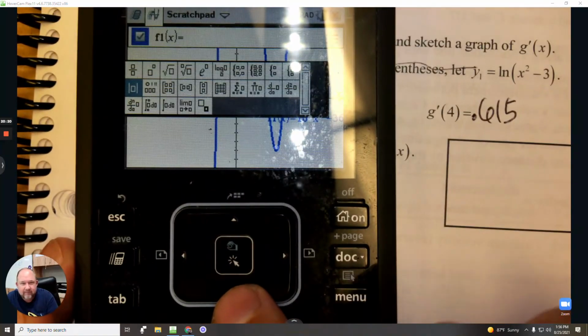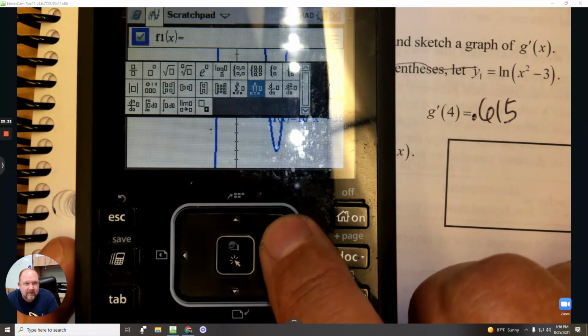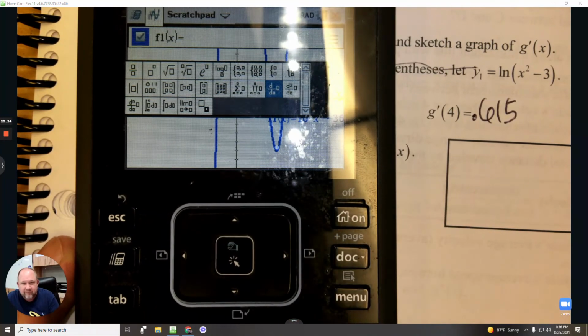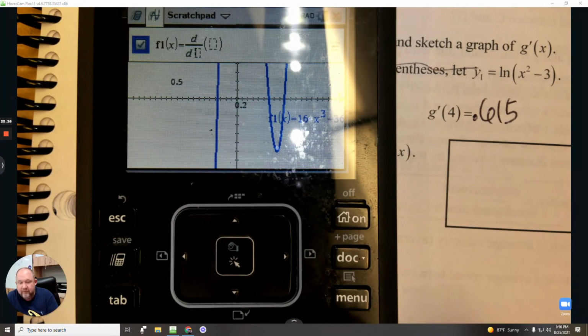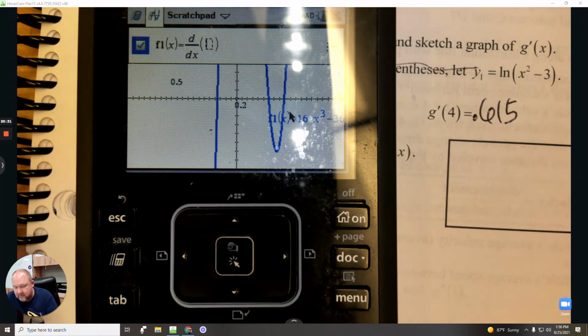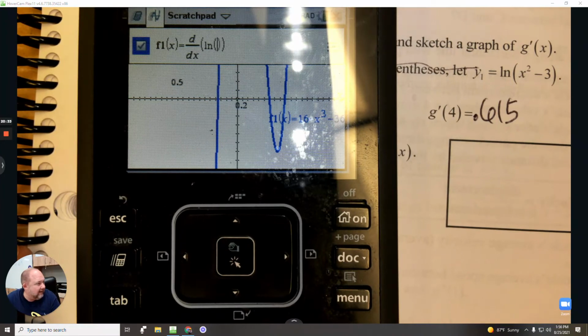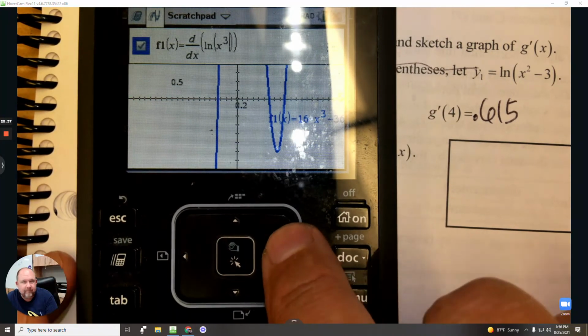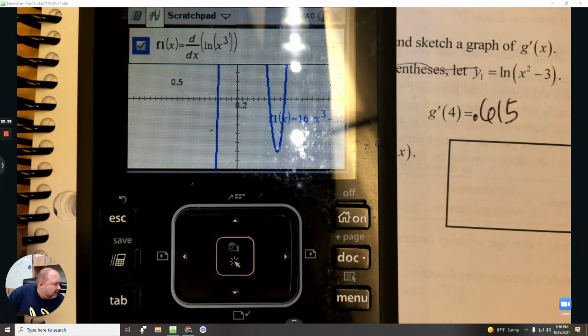It's right here. This is the one we want. Press enter. The variable is x, and then we just type in ln x, and it's x squared, take away 3, sorry.